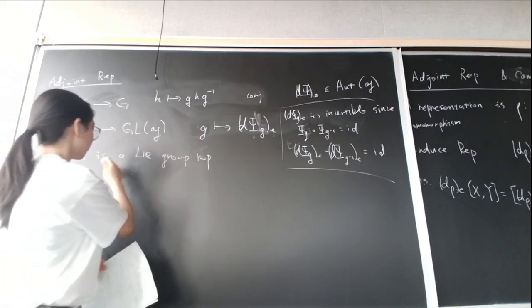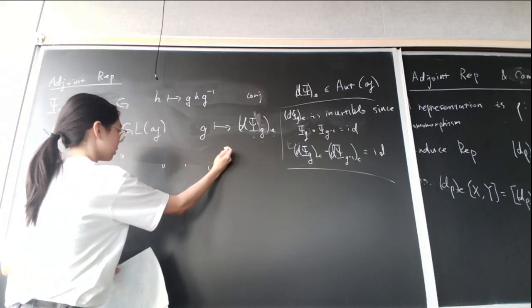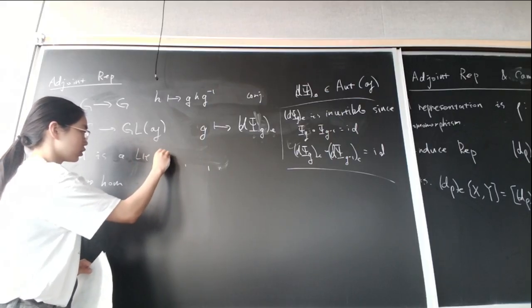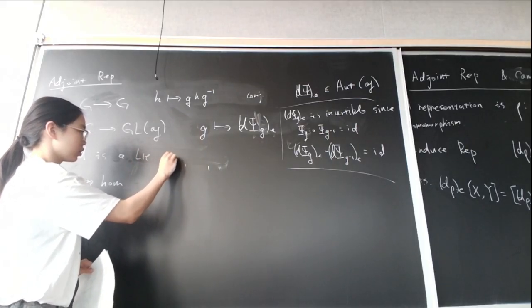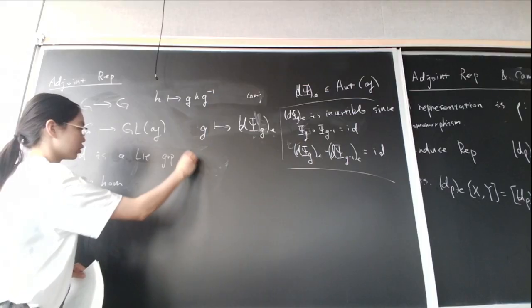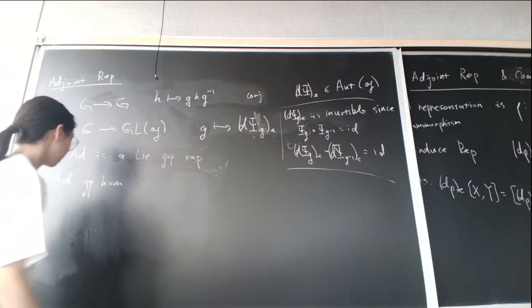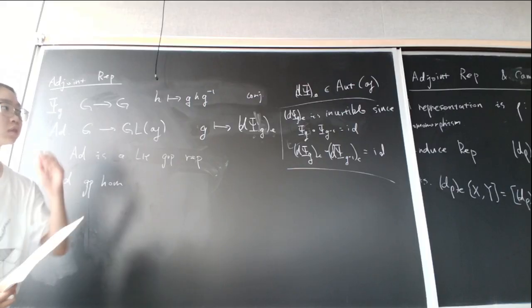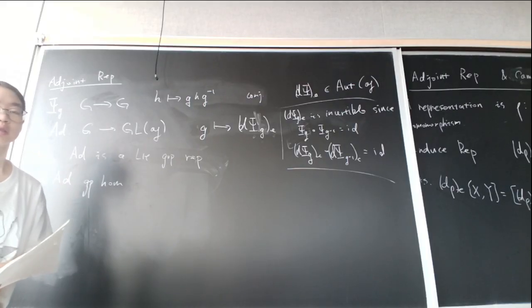I'm telling you how the Lie group acts on the Lie algebra. By the way, a representation here is a representation of a Lie group, or of a group in general.